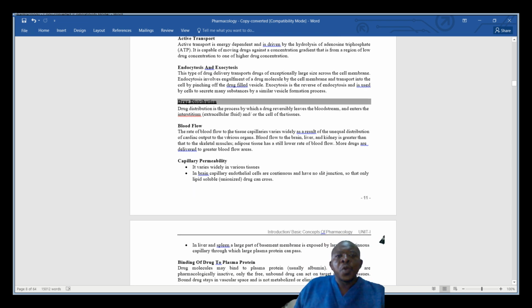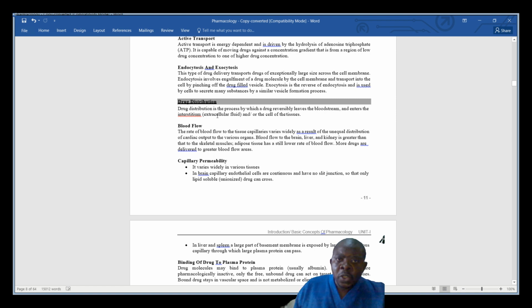Now in talking about pharmacokinetics, we also talked about ADME: absorption, distribution. So drug distribution is the next aspect that we are now looking at.